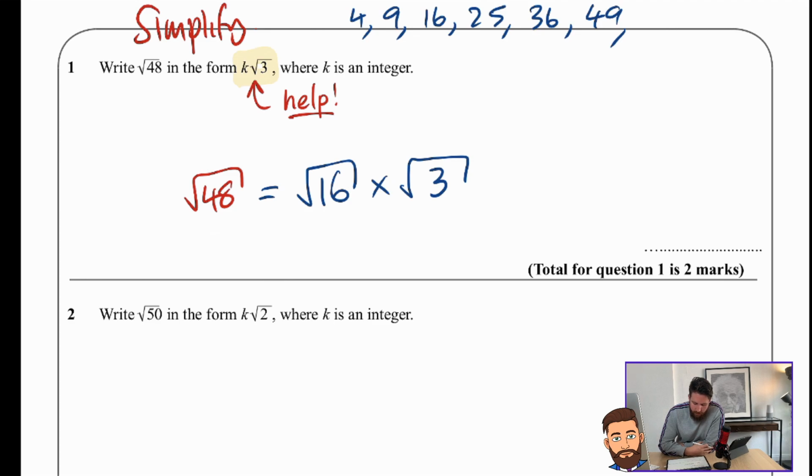Okay, we're almost finished. They told me that 3 was going to be in my answer, which it is. So I could have just gone straight from here and put 3 in and then worked out what this 16 should have been. Why is this useful? Well, I know that the square root of 16 is a square number, is 4. Times by root 3, nice and lazy, just put 4 root 3.